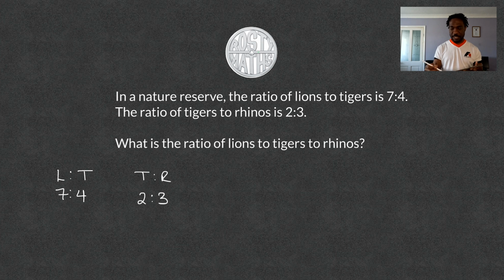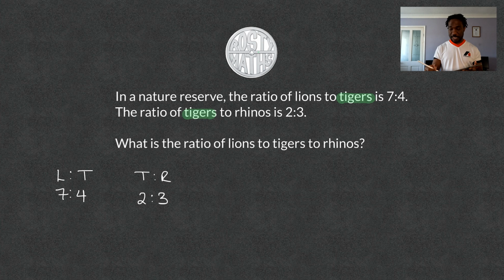In this case, what we have repeated are tigers: lions compared with tigers, and then tigers compared with rhinos. That's the one you need to pay attention to. I've got 4 tigers here, but 2 tigers there. That is not going to do. What I actually need is the same amount of tigers.